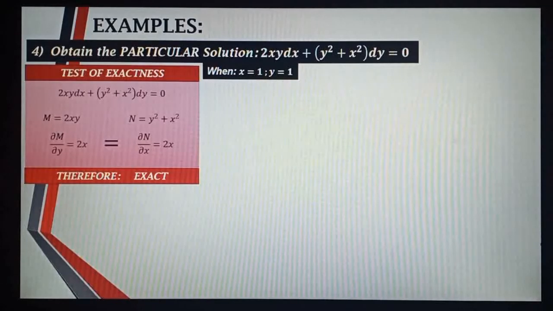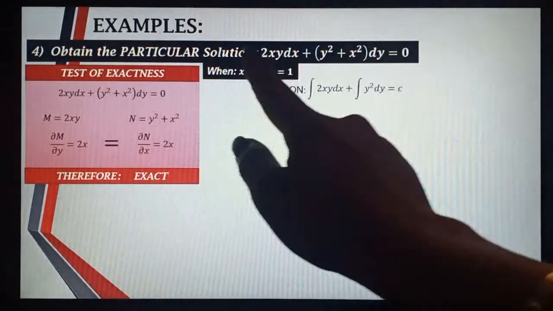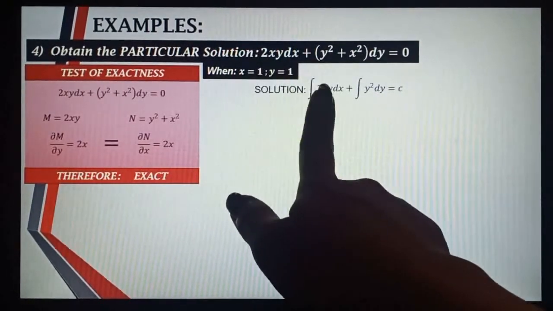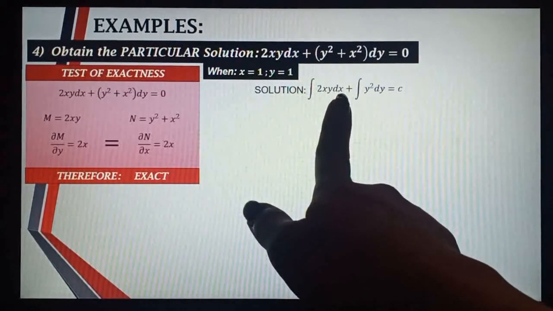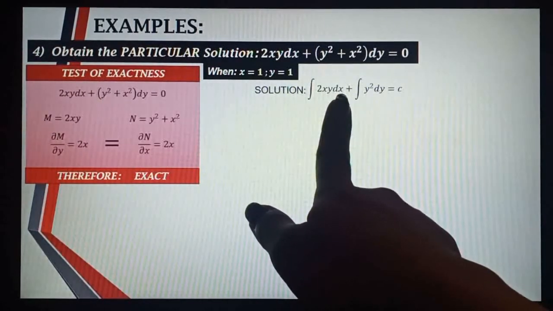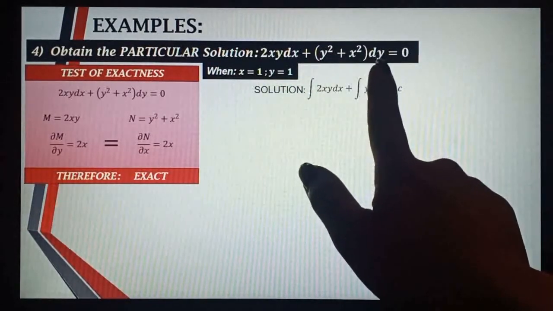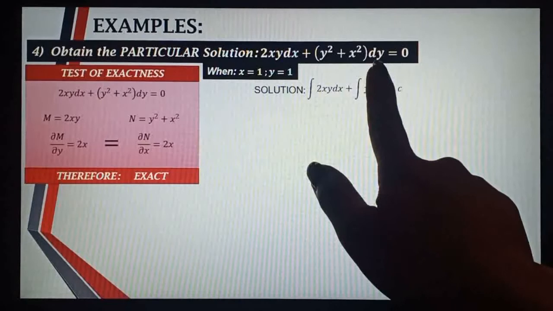So we have the solution of the exact equation. Copying your first term, which is the m, that is 2xy dx. Tapos ang kokopyahin natin sa pangalawa is just the directly integrable part. So dapat wala siyang presence ni x kasi naka-dy.